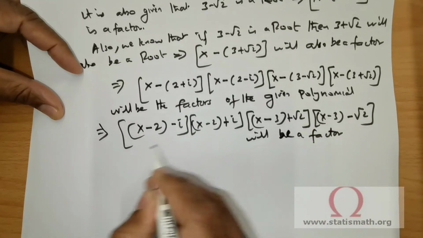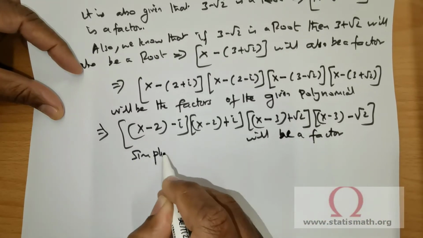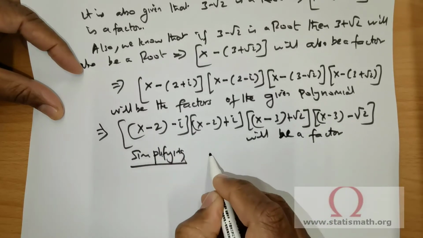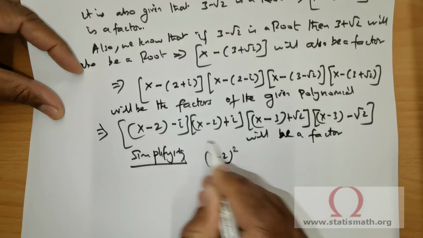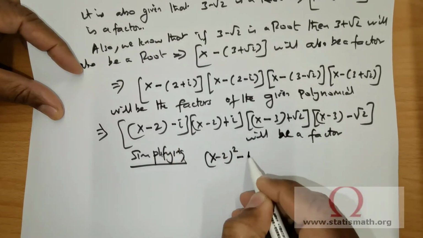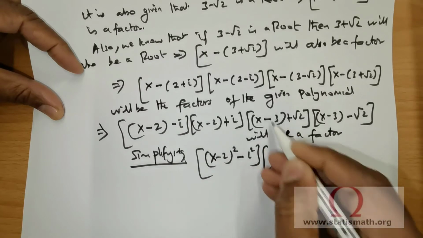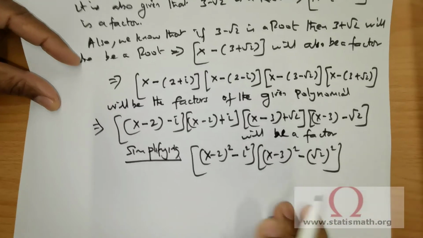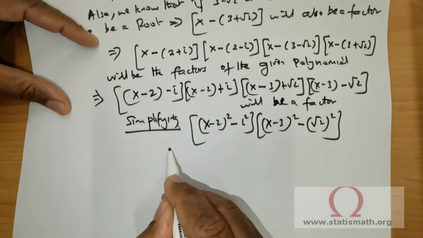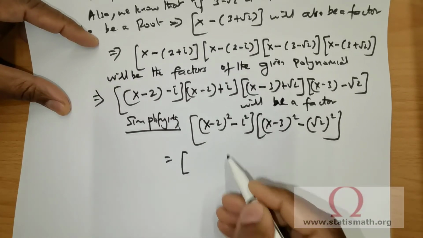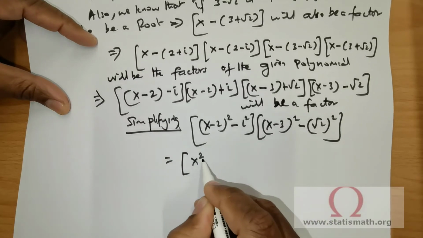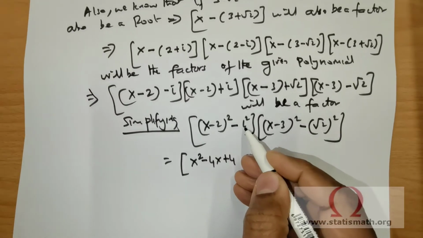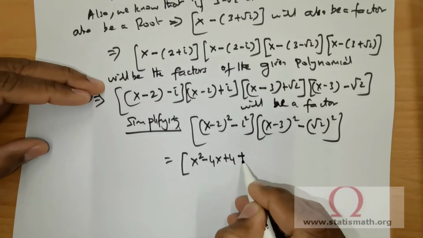Now simplifying this, so what happens when you simplify? This is going to be (x − 2) whole squared minus i squared, and (x − 3) whole squared minus (√2) whole squared. If I expand this, it is x^2 − 4x + 4. i squared is −1, so minus minus gives you positive 1.